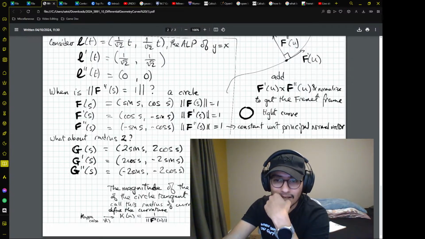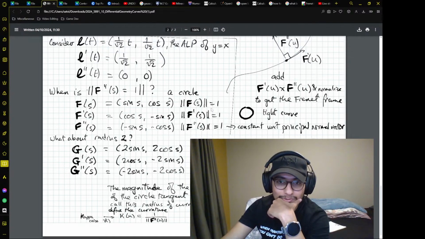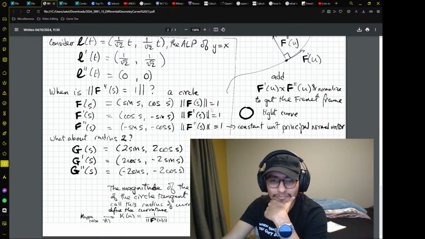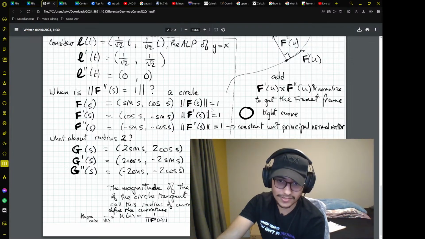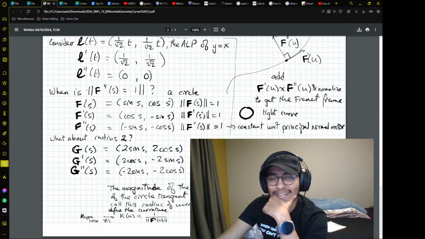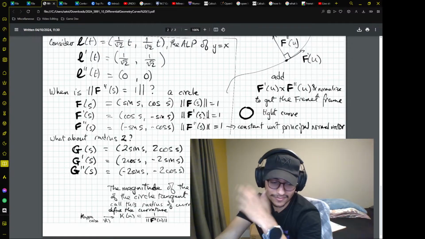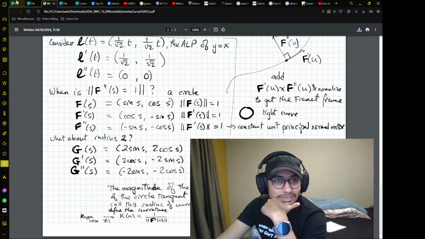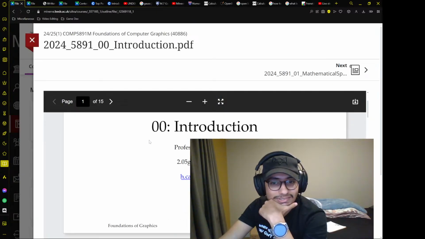But a tighter curve is sort of helpful when trying to work with meshes, basically when you are doing mesh processing. And I don't know exactly how it relates to that yet, because we haven't been told. But when I find out, I'll let you guys know, I guess.